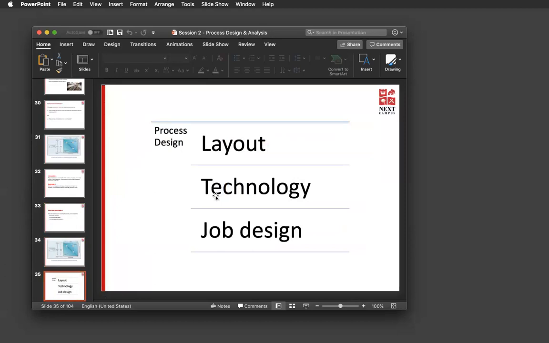So we have got your processes. Now all this time we were describing concepts. Now, to run your process effectively, whether it will be continuous process, project process, batch process, jobbing process, you need to ground it into something that will allow it to operate.